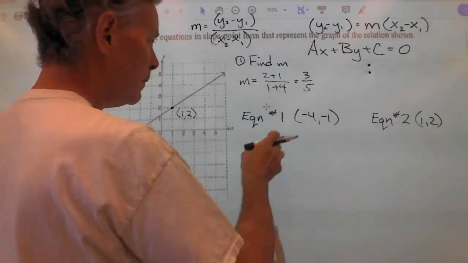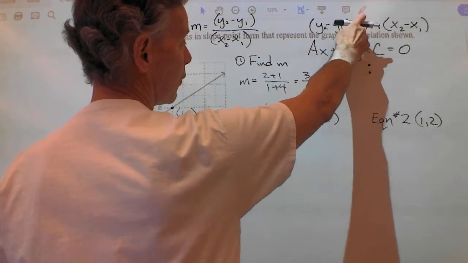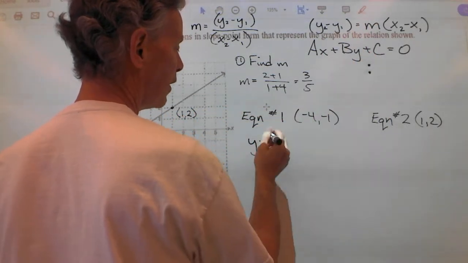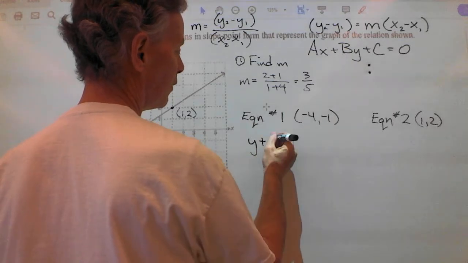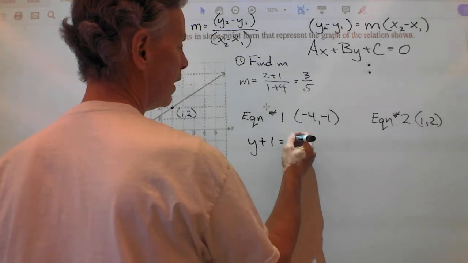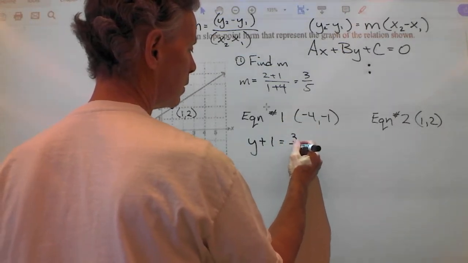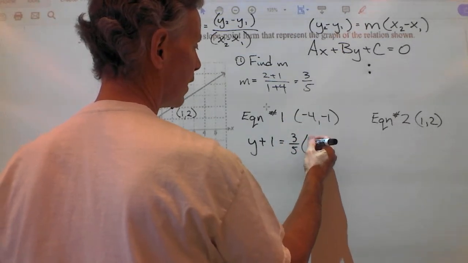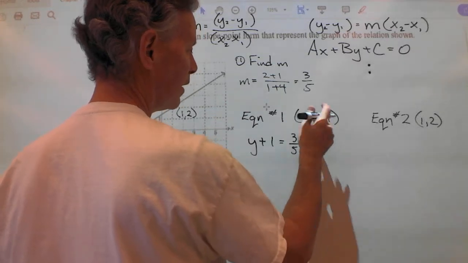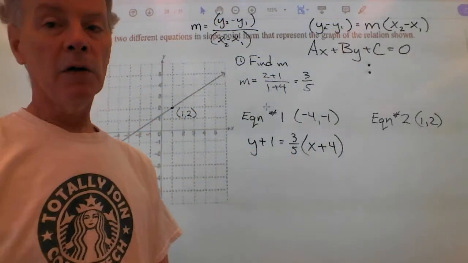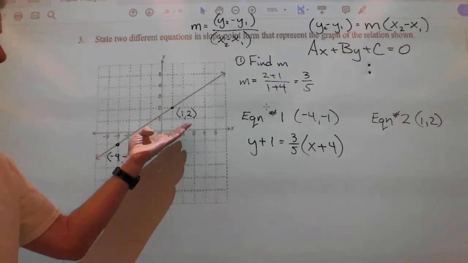Okay? So then for slope point form, it becomes y minus our y value here. So minus -1 would be plus 1 equals the slope, 3 over 5, times x minus -4, so plus 4. There's one slope point form for this line.